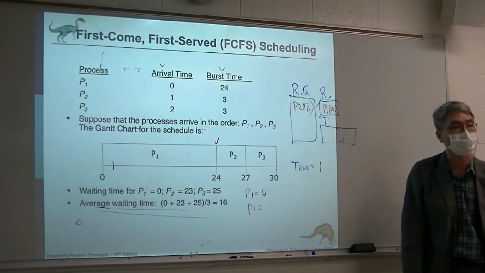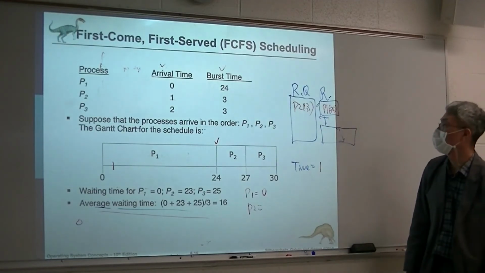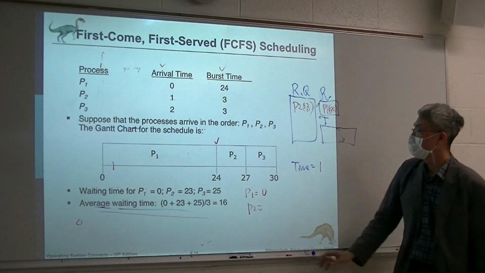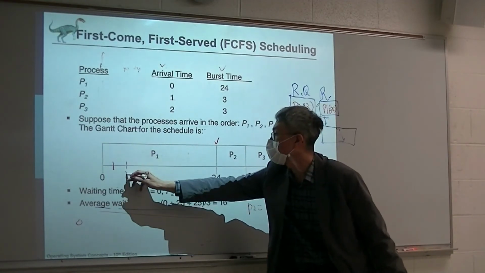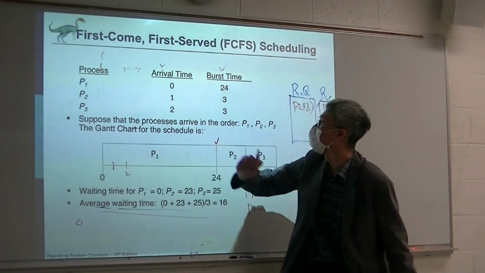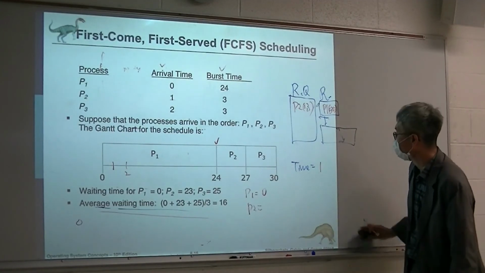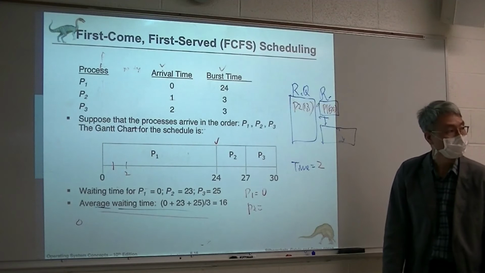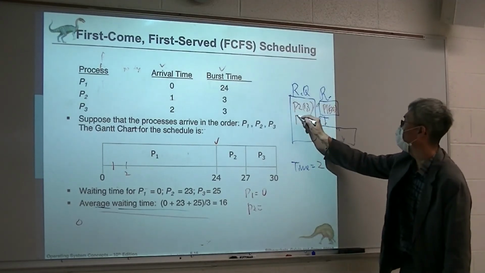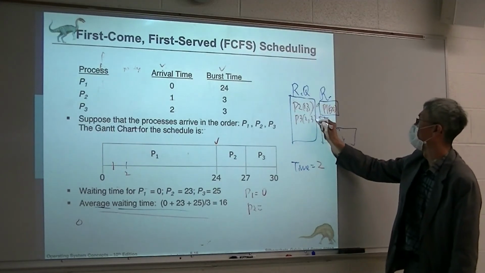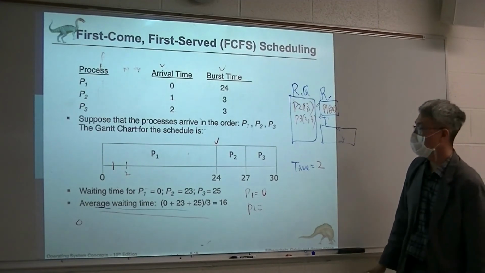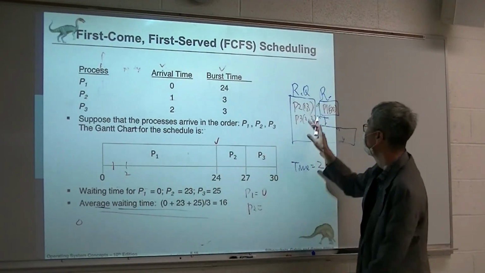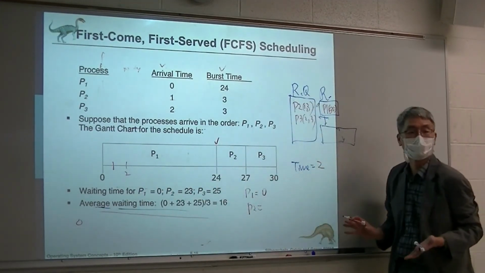Here, 0, 1, 1, 3. Then P3 arrives at time 2, so at time 2, P1 is still there, right? Because it's non-preemptive. And P3 arrived like that. Then nothing happened. If something happened, you can keep changing.